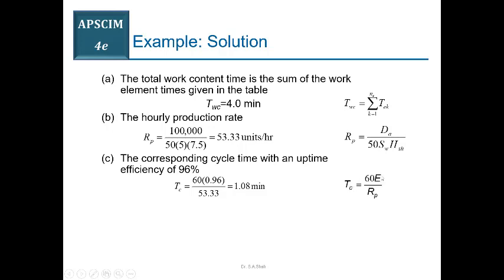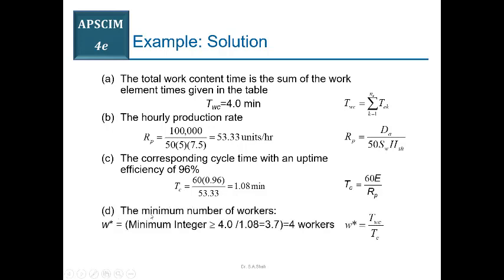And if the uptime efficiency or line efficiency is not given, it would be 1 by RP. If efficiency is given, it is E by RP. And if, for example, it is in hours, then it is 60 times E by RP. So cycle time is 1.08 minutes.